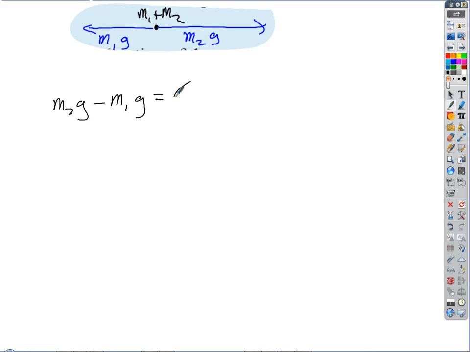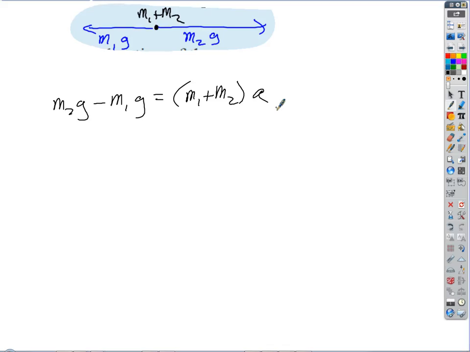Equals the total mass, which is M1 plus M2, times A. And so A is just what we got. Isn't that pretty cool?